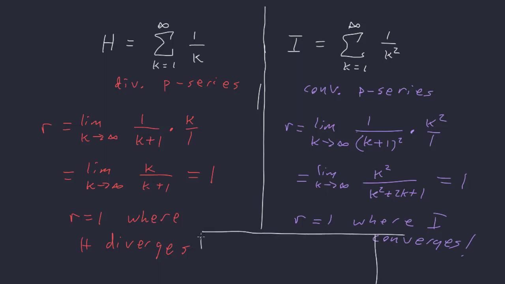For the ratio test, r equals 1 could mean anything. The series could converge, it could diverge. All right, so that would mean that we'd need to use a different series test, right? Either the integral test or comparison test or something else.